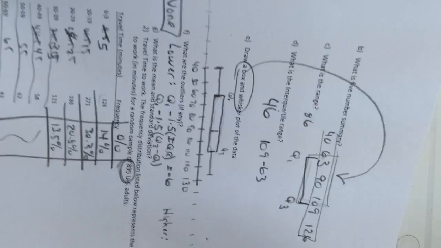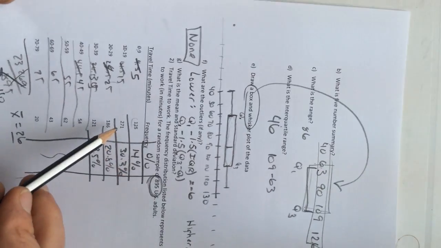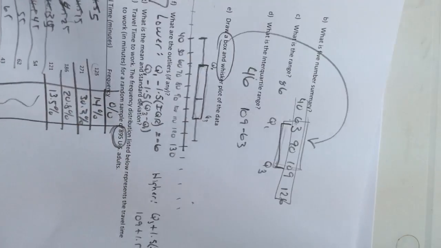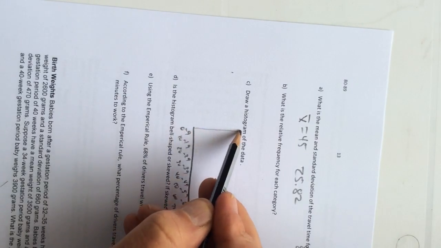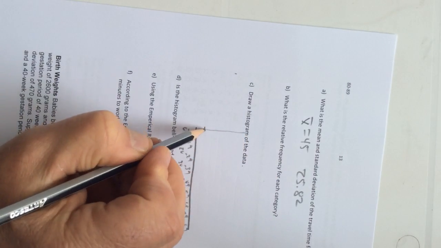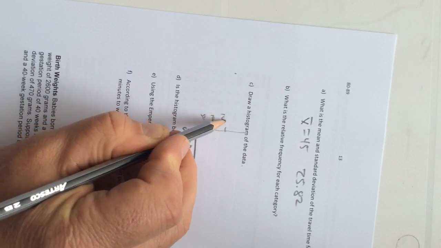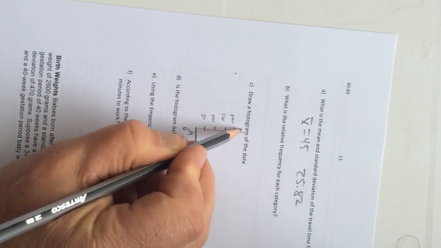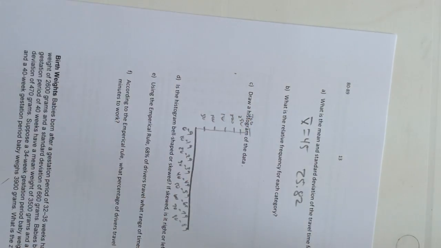Those were the categories. This category went up to 125. The highest is 271, so maybe 50, 100, 150, 200, 250, 300, something like that.